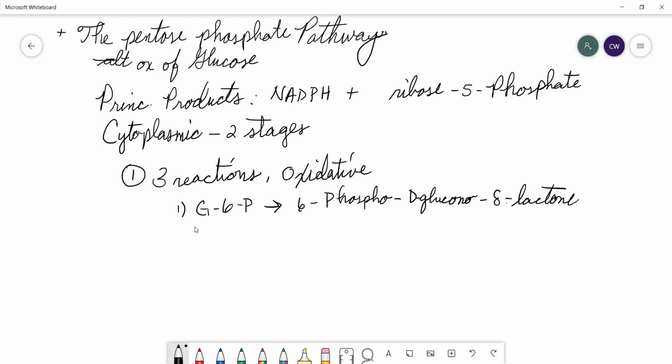I want you to look up that structure and draw it in your notebook. Second reaction takes 6-phospho D-glucono delta lactone that I'm not going to rewrite. I'm just going to call it product 1.